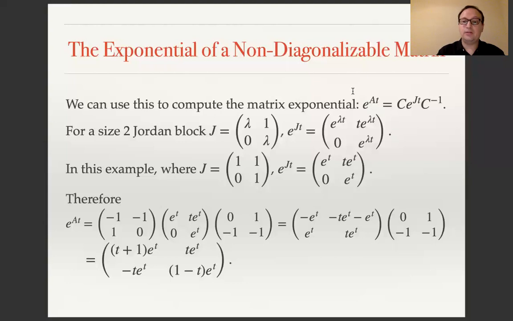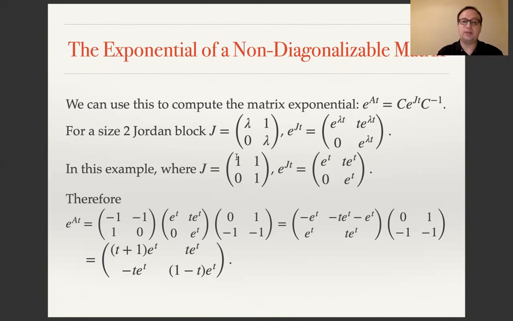Then we can use this to compute the matrix exponential. So e to the At is C e to the Jt C inverse. In general, for a size 2 Jordan block, so lambda, 1, 0, lambda, its exponential e to the Jt is e to the lambda t, t e to the lambda t, 0, e to the lambda t.